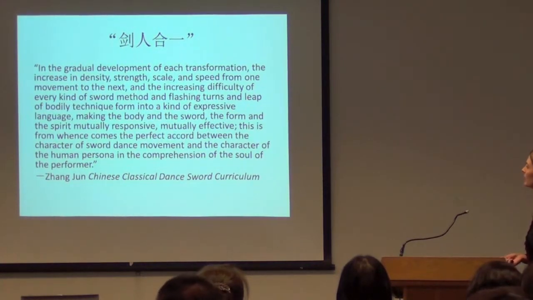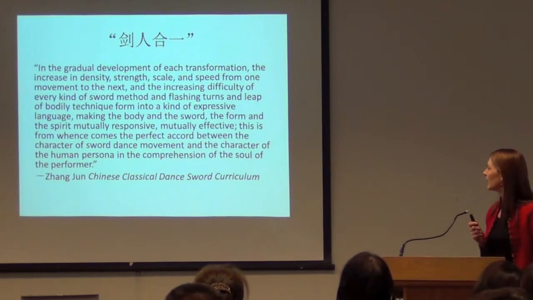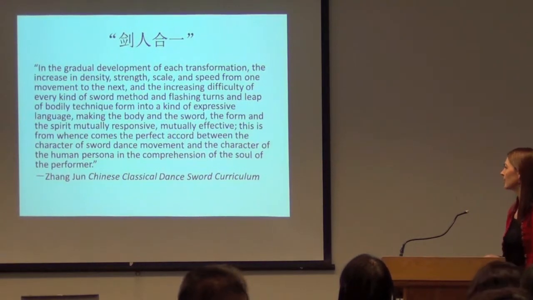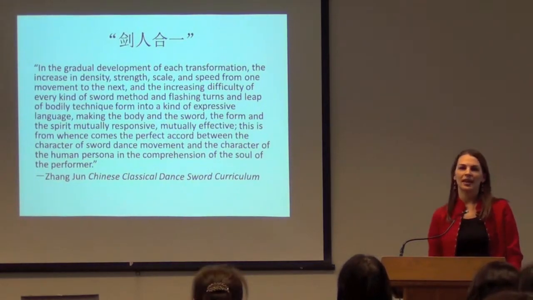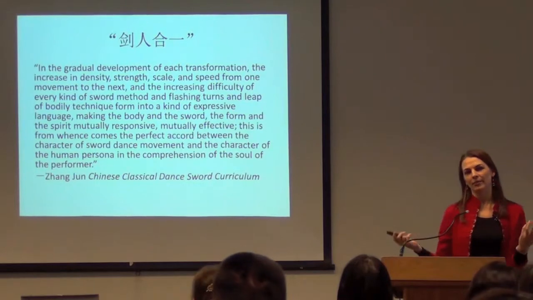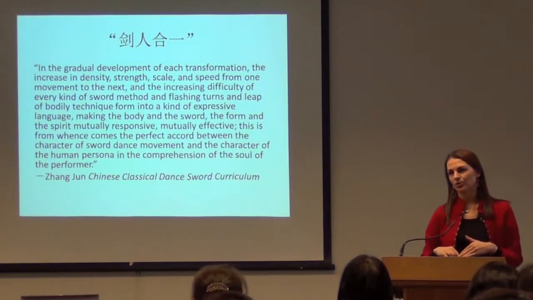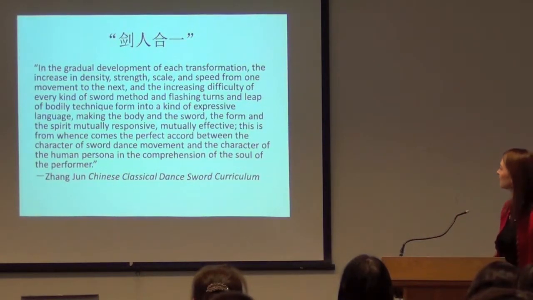This is from whence comes the perfect accord between the character of sword dance movement and the character of the human persona in the compression of the soul of the performer. So this idea, again, that the human is part of an environment, and it's the interaction of those two things that makes the dance beautiful.